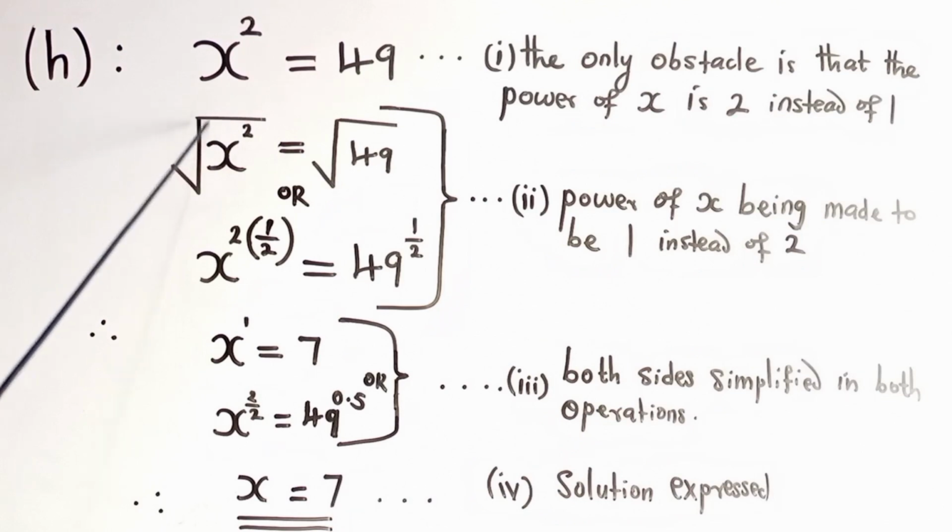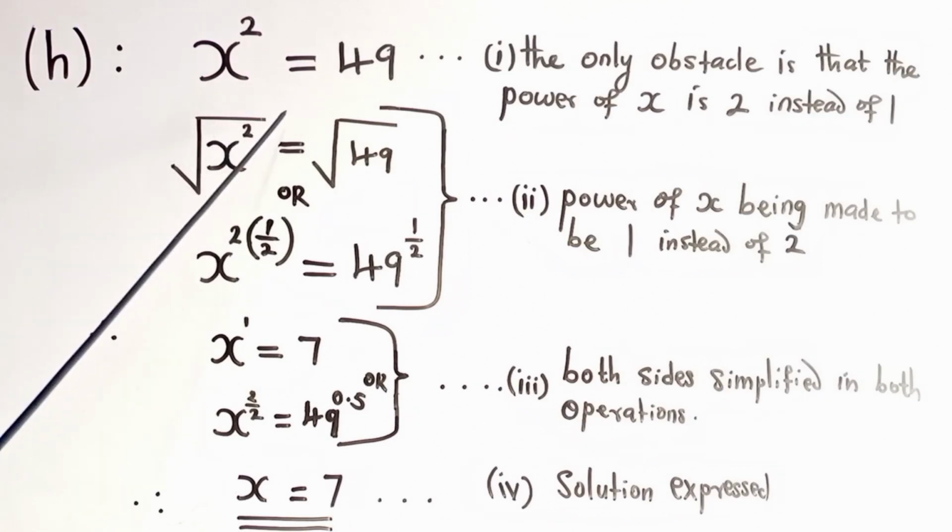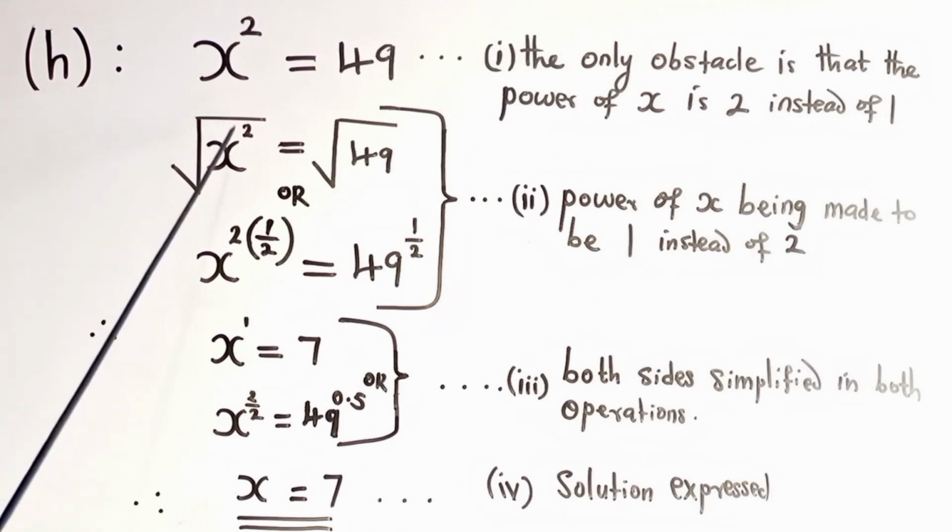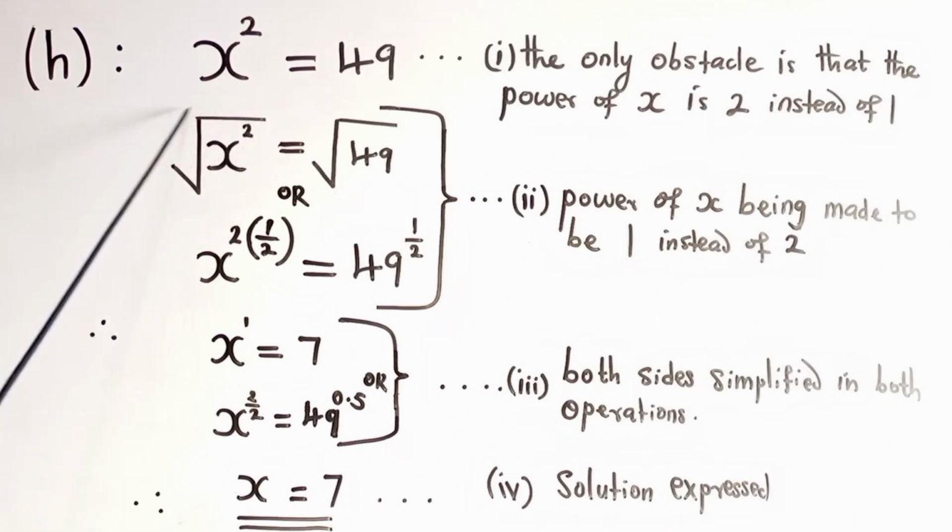This is square root of, which means there is something new happening to this equation. What is it? This square root did not exist in the question. I introduced it to achieve a goal. What is the goal? The goal is to make this power 2 become power 1. And this square root is one of the instruments that we can use to make it become power 1. Therefore, I employed it here.